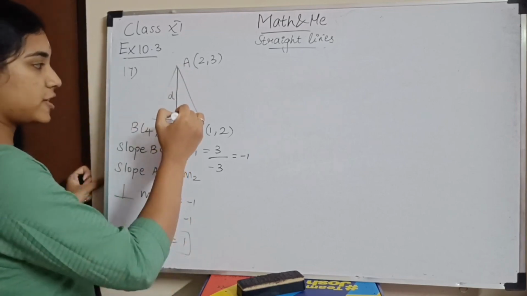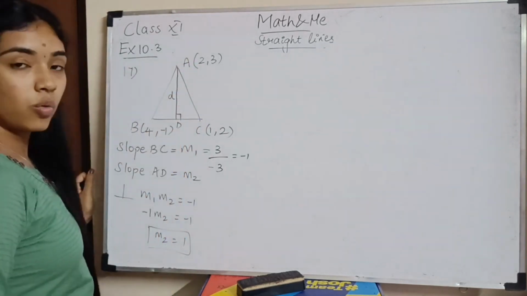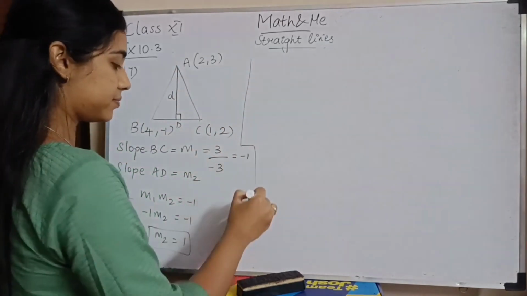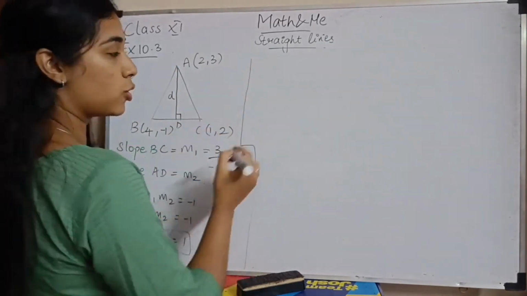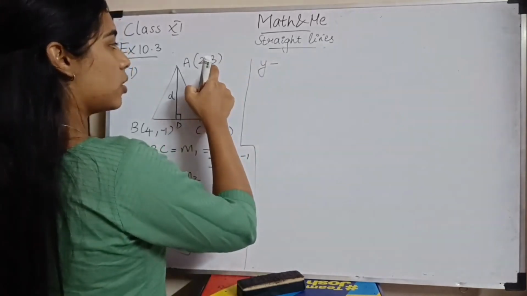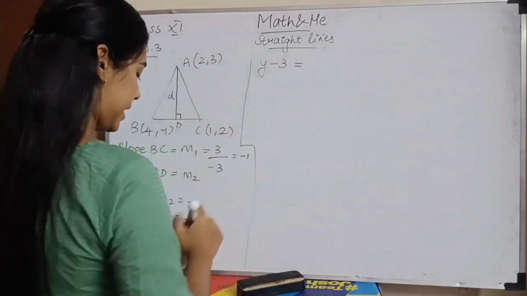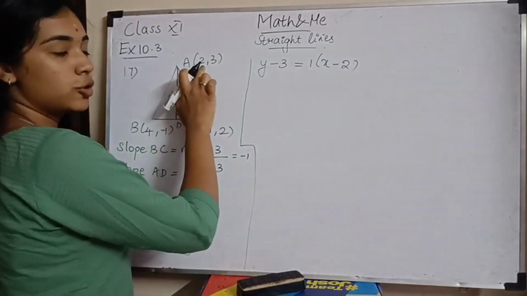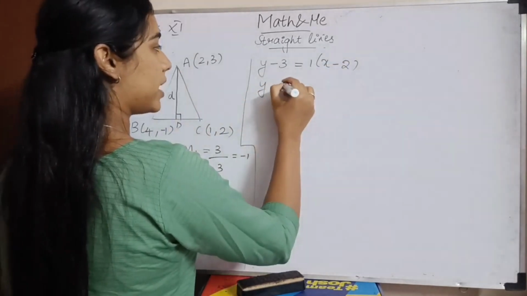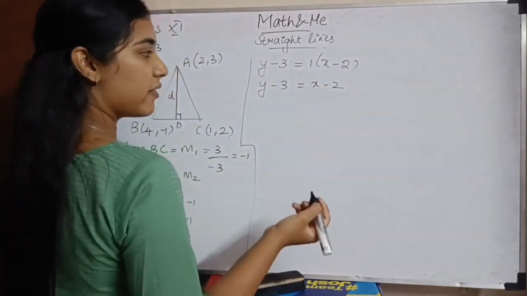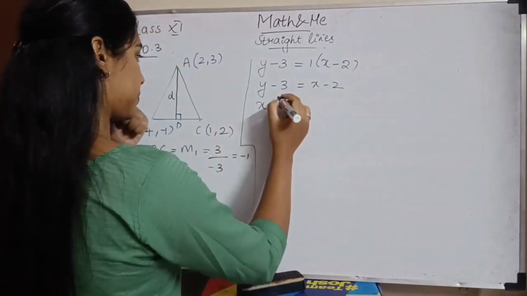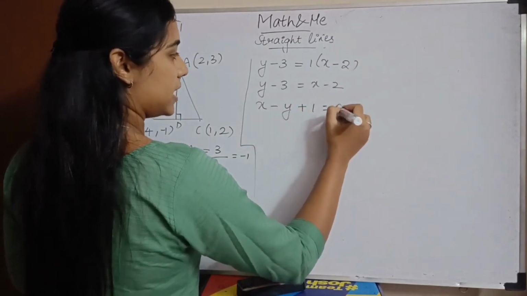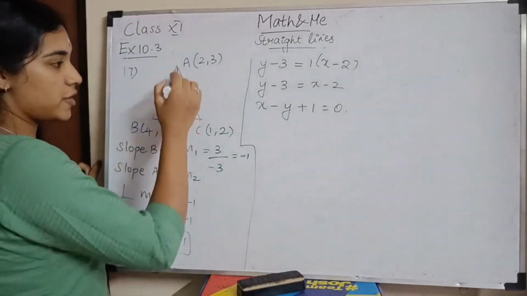So the slope of this particular line AD is 1. So we know a point and we know the slope. So let us find the equation. So equation using point slope form is y minus y naught equals m times x minus x naught, which is 2. So you have y minus 3 equals x minus 2. Bringing everything to one side, I have x minus y minus 2 plus 3 is plus 1 equals 0. So this is the equation of this particular line.